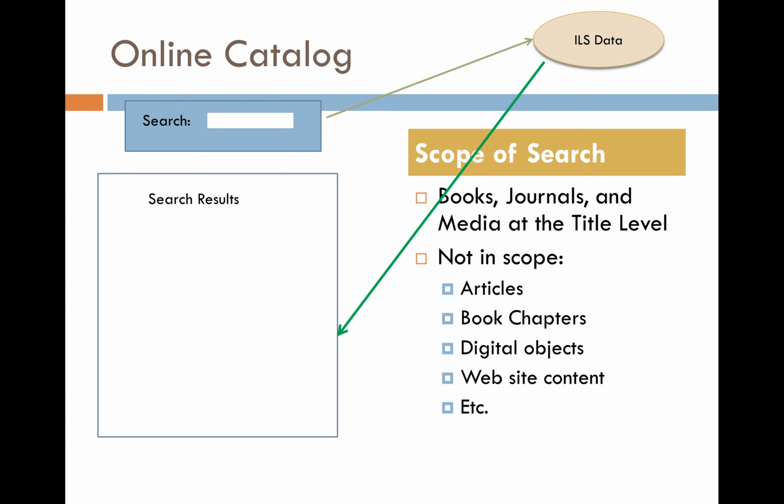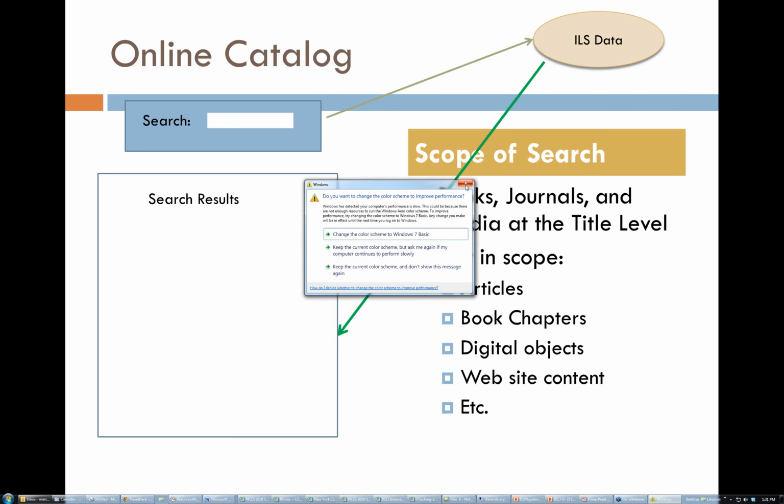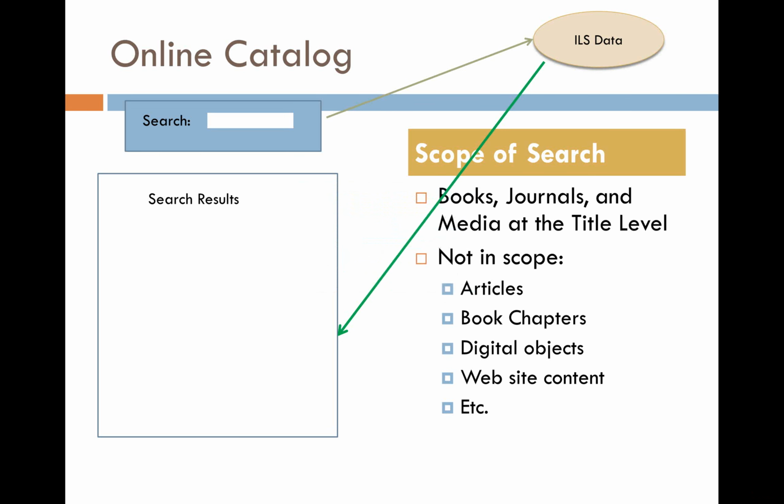When you think of all of the articles represented in the subscriptions that libraries have, hundreds of millions of articles, well, you don't even find those in a typical library catalog. It doesn't index them at the article level. Book chapters, digital objects in collections, all those kinds of things. In fact, it misses more than it hits. So I would suggest that the online catalog isn't such a good front door.